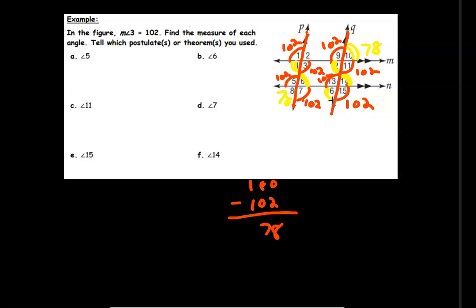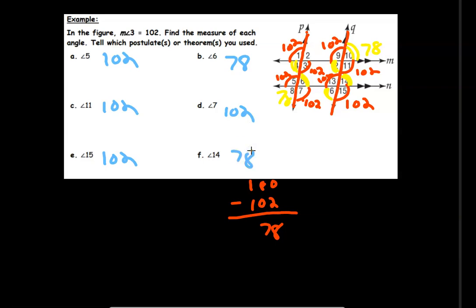And that's pretty much it. And it says find each one. Angle 5 is 102. Angle 11 is 102. Angle 15 is 102. Angle 6 is 78. Angle 7 is 102. Angle 14 is 78.